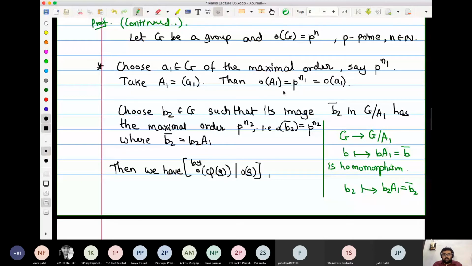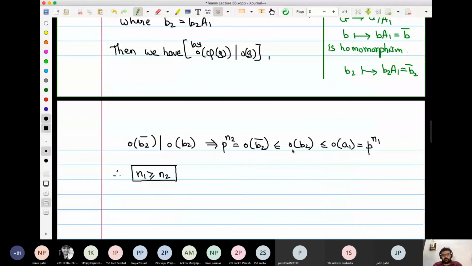Now the second element must be chosen in this way, B2, so that its image. Once we have got the A1 element, we do not want it again, so we take the quotient, right? Once it is found, remove A1. Therefore we are taking G quotient A1, so that B2 bar is in G quotient A1 and it has maximal order P power n2.